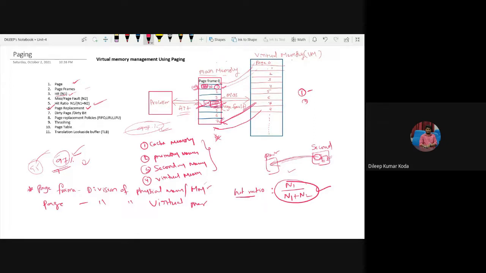This concept is called page replacement. Is this clear so far? So page replacement will occur only if there is a cache miss. Is this clear, guys? Is this clear so far? Please tell me.